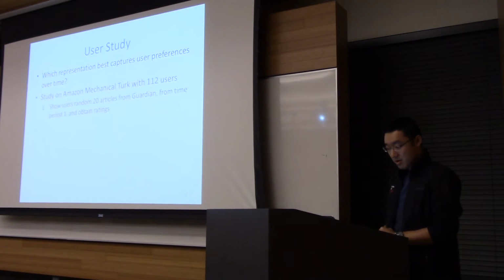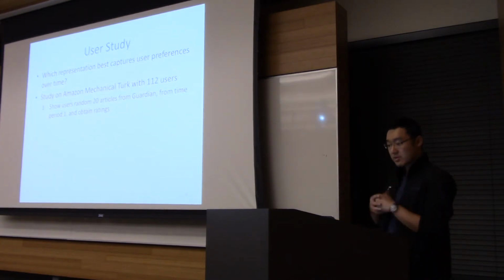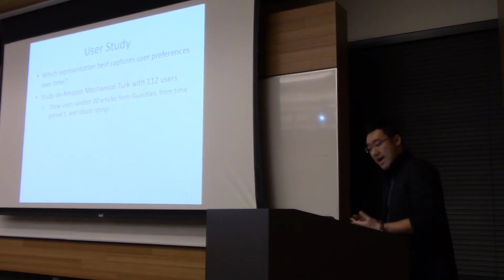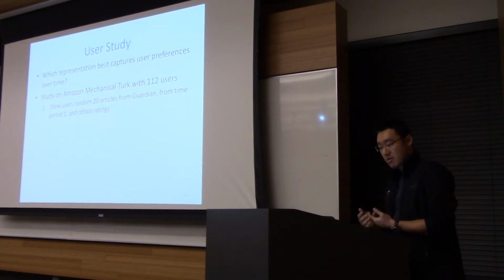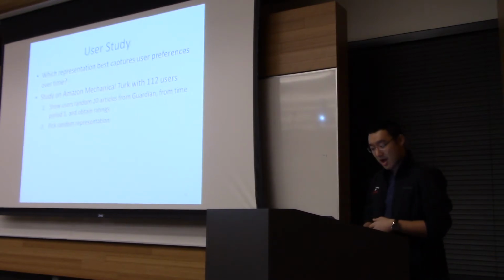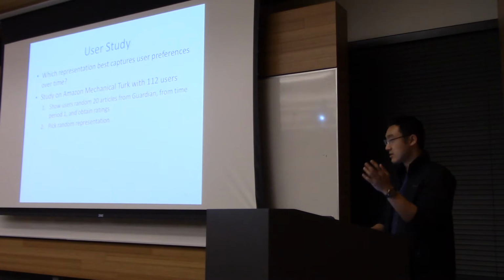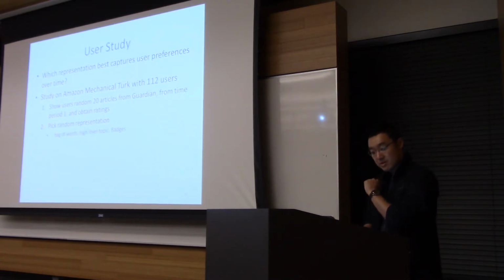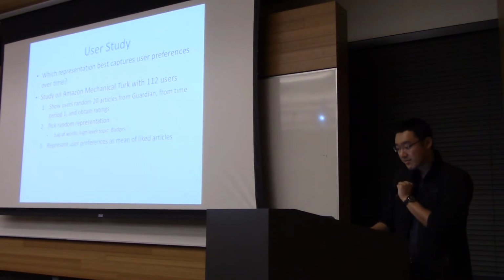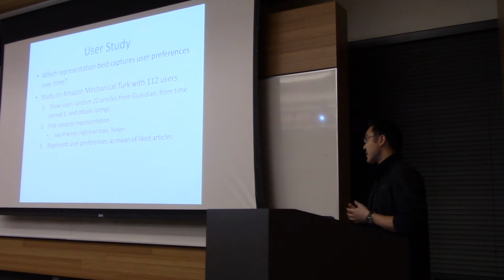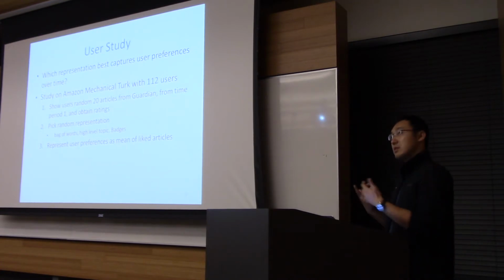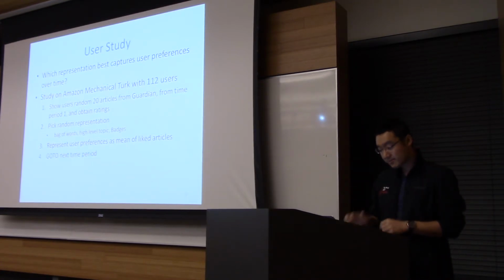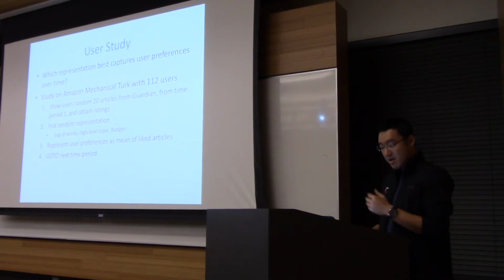So we could run a user study where we ask people to rate a few articles, and then we pick a representation. This is a user study where we pick a baseline representation or this representation. There are a number of representations, and then we learn a user preference vector using this representation of the articles that the user said they liked, and then go to the next time period and do this again.